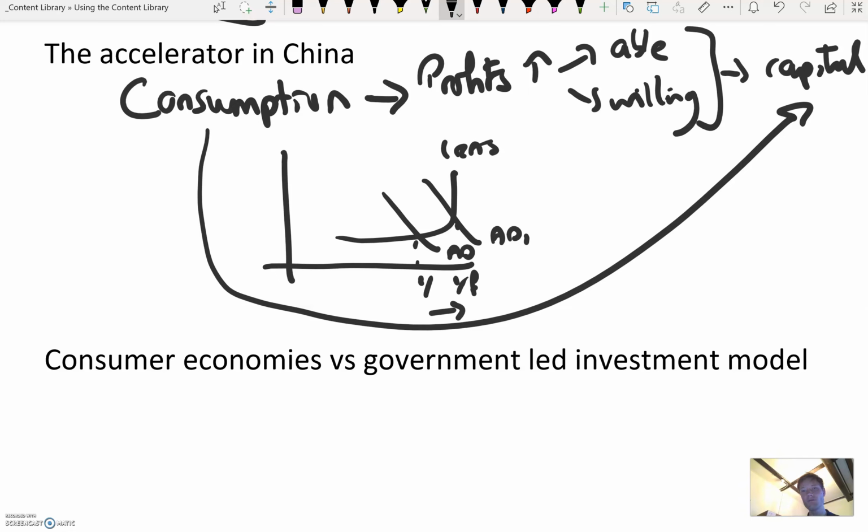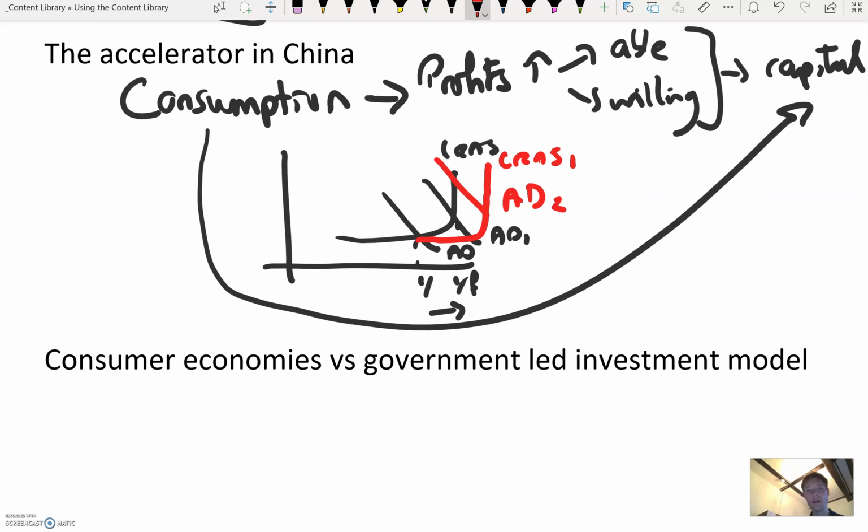As a result, consumption will provoke investment expenditure, and that further shifts AD to the right, because investment is a component of AD. But it will also then shift LRAS out as well. Great. That is the traditional consumer-based economies' way of growing.